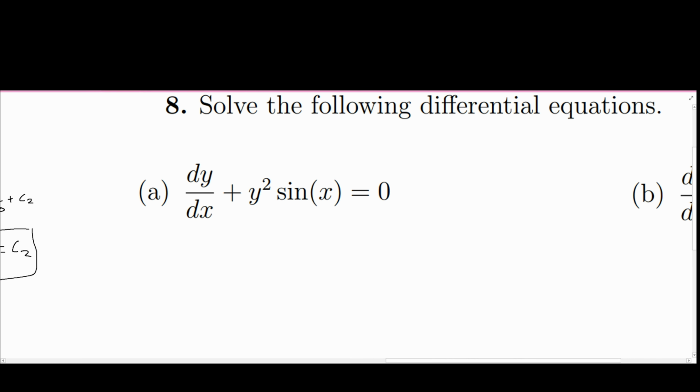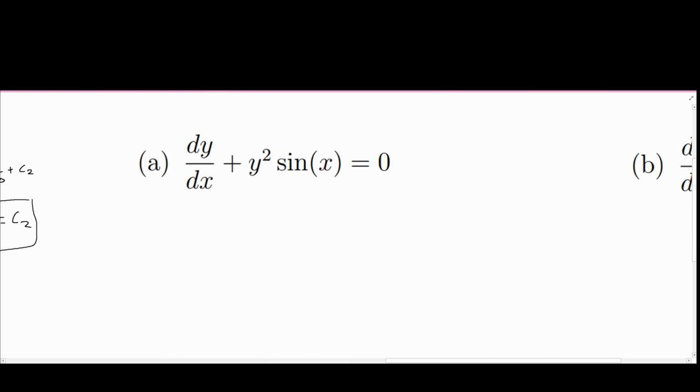For part 8, we're asked to solve the following differential equations. We're going to do a first, and we are going to separate these in dy and dx respectively. An easy separation technique is to set these equal. Since there's nothing on this side, there's nothing over here, set these equal and throw a negative sign in front of one of them.